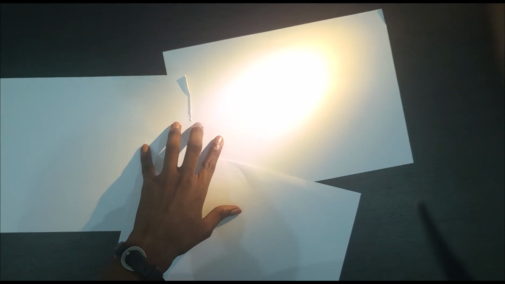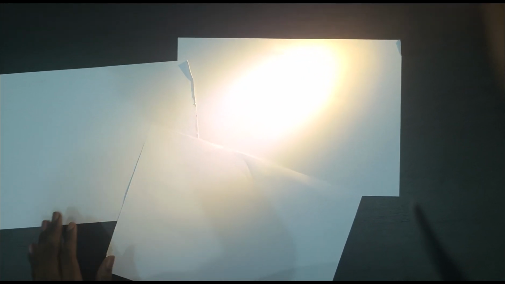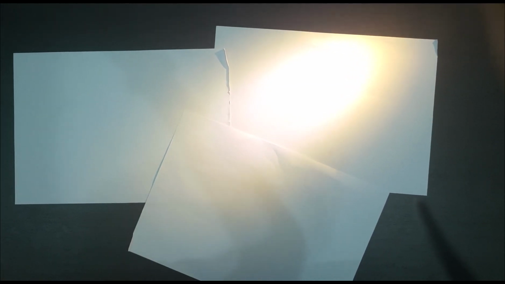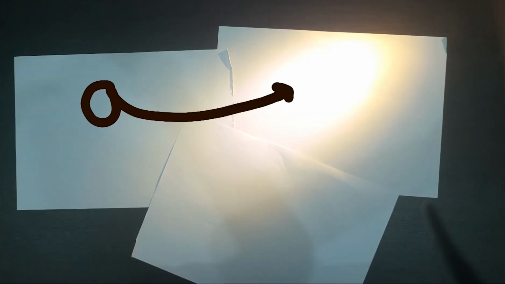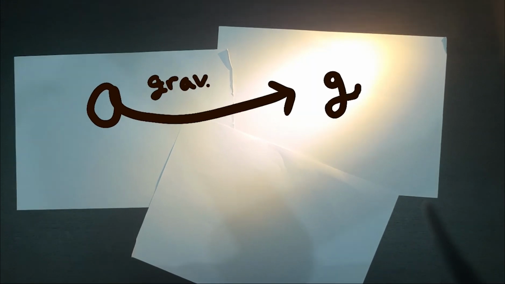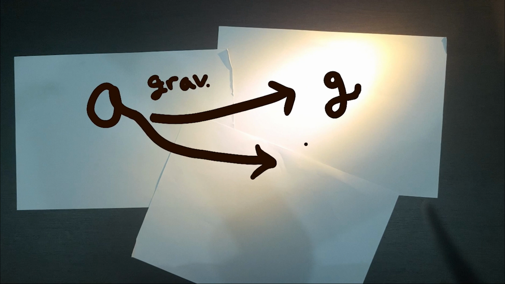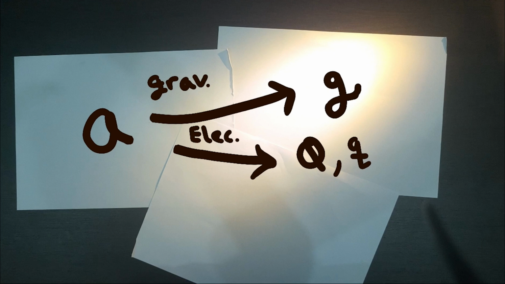This acceleration, though, is towards the center of the circle, parallel to the direction of centripetal force. F equals ma. To find this centripetal force, we need to find the acceleration, and depending on the context it can mean different things. For example, acceleration can be gravitational field strength, g, if we're speaking of gravity's force, or acceleration can also be charge, if we're speaking of electric field forces.